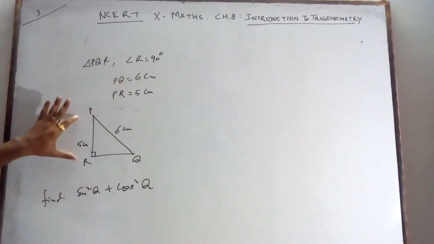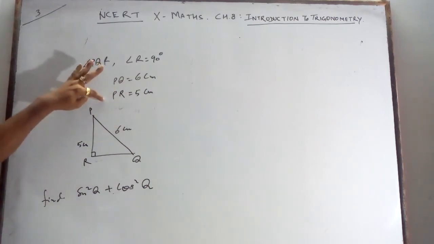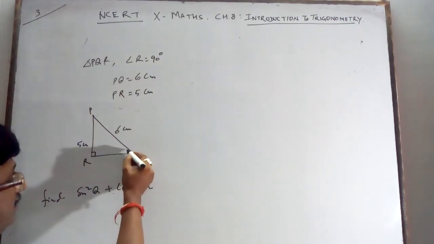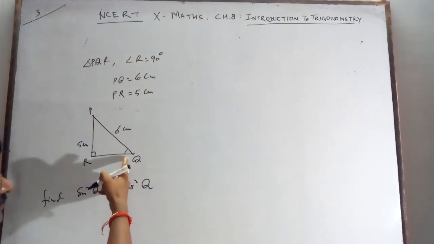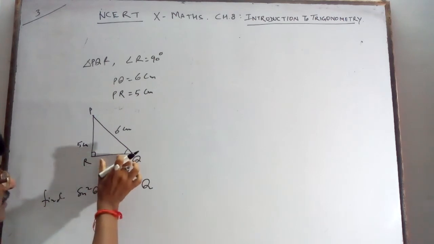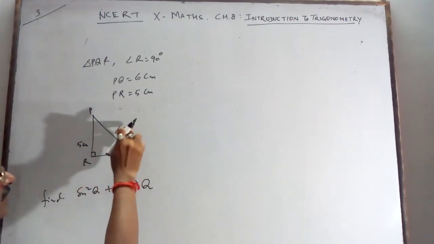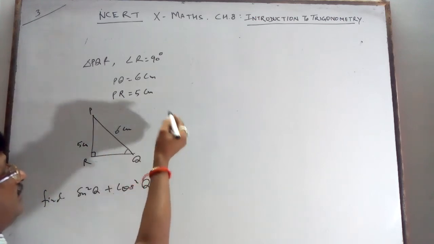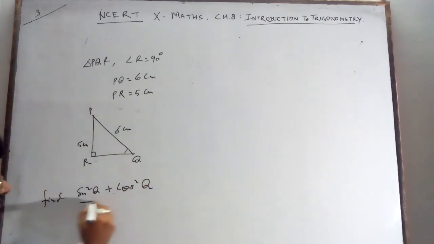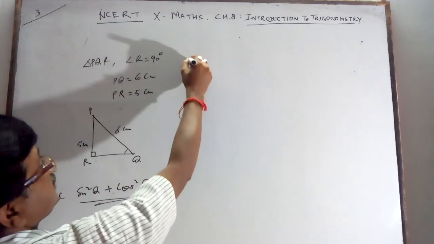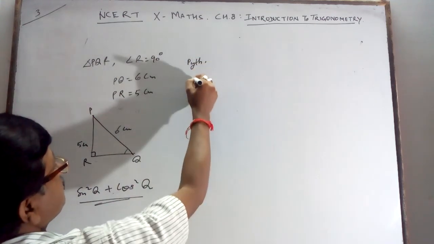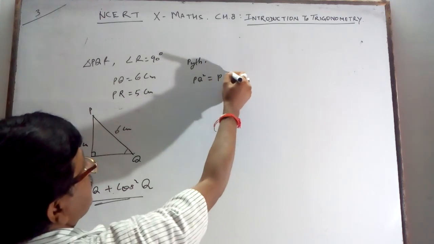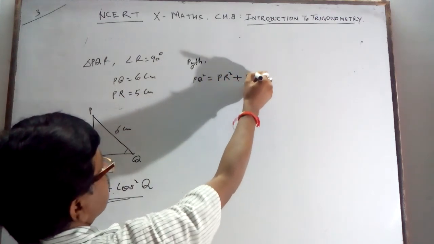PQ is given 6 centimeter, PR is given 5 centimeter and angle R is 90. Angle Q is used here, so you will take this acute angle. For this acute angle, this is the perpendicular, this is the hypotenuse, this is the base. So first of all, apply Pythagoras. By Pythagoras, PQ square is equal to PR square plus RQ square.